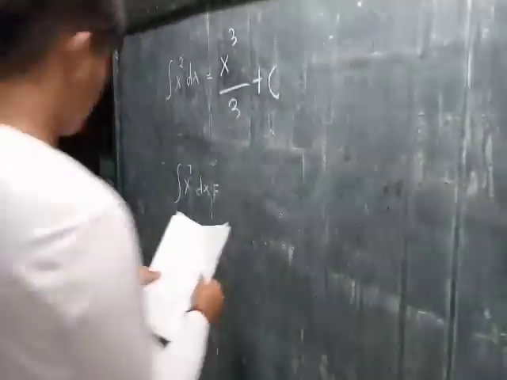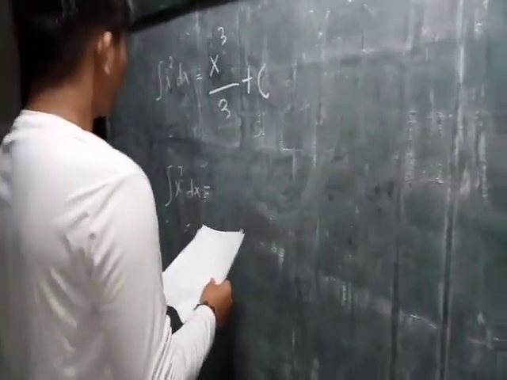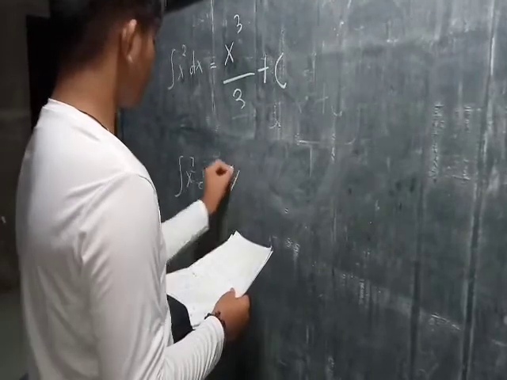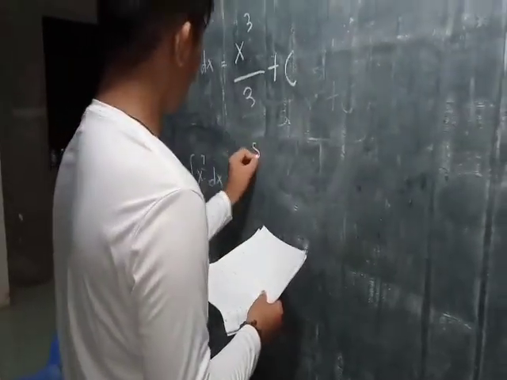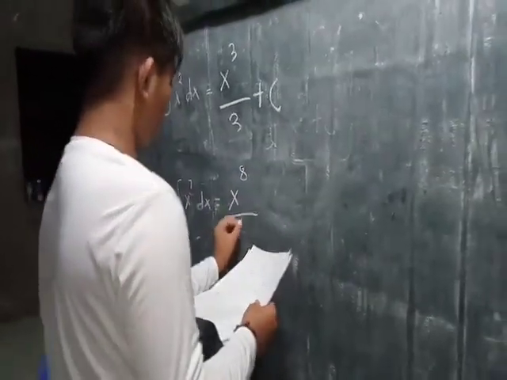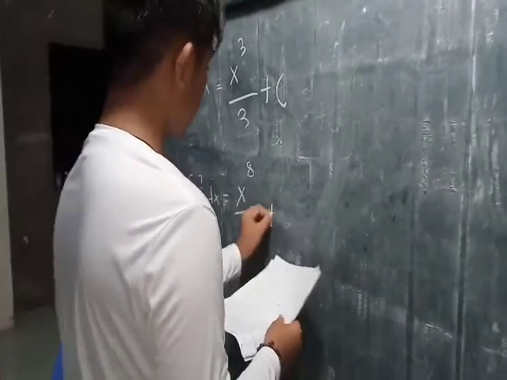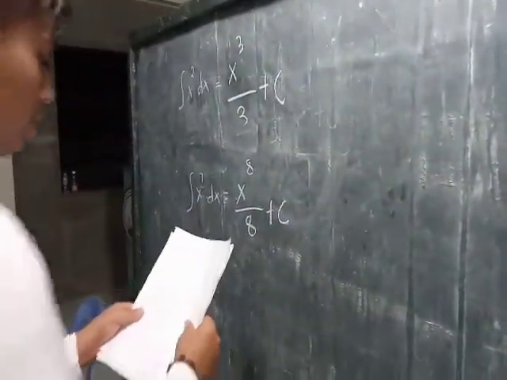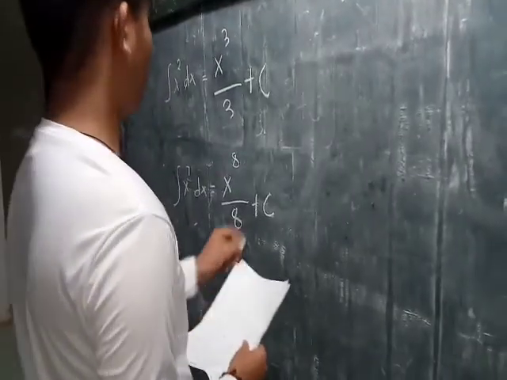And the integral of x to the 7th power is x to the 8th over 8 plus c. And that's the simple way to find the integral of a monomial.